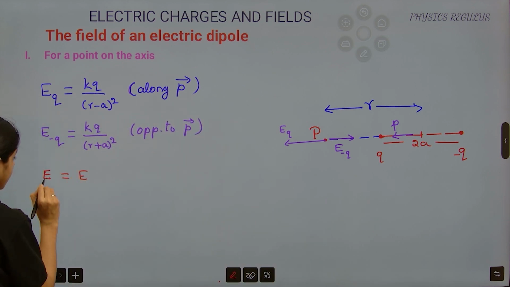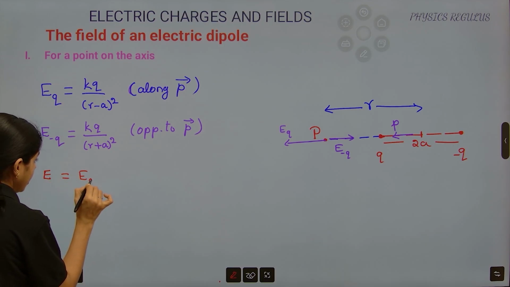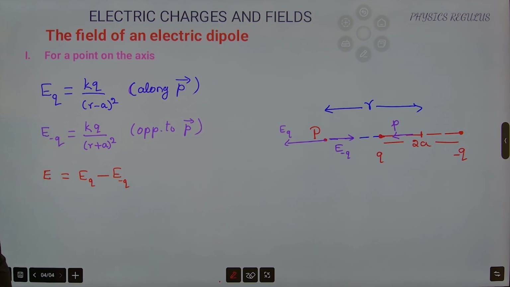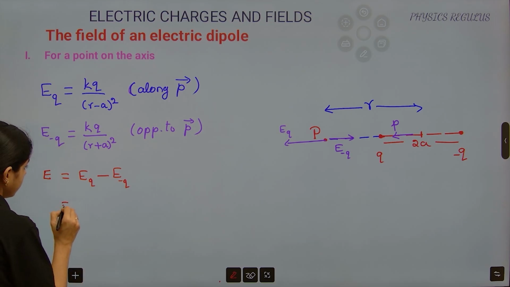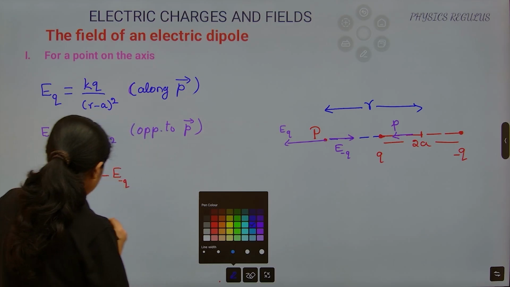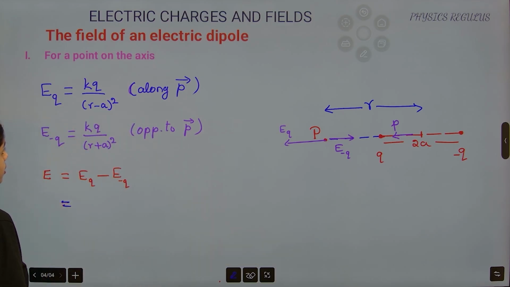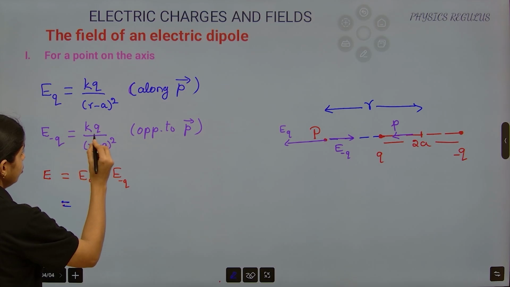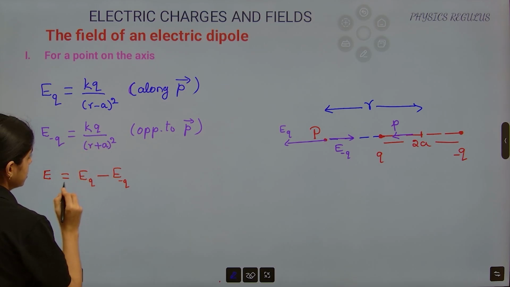The resultant electric field E is given by E_Q minus E_minus Q. Substituting, E_Q is kQ by (R minus a) whole square and E_minus Q is kQ by (R plus a) whole square.